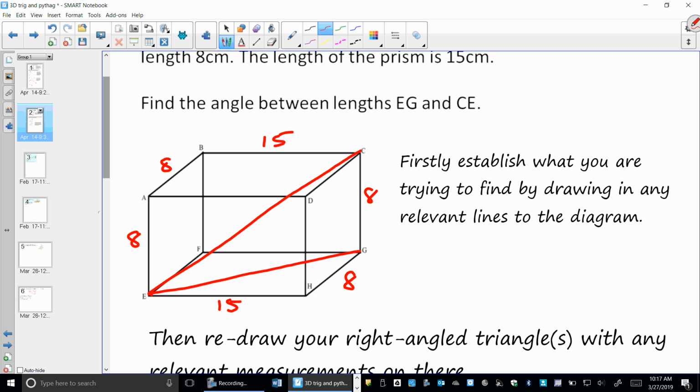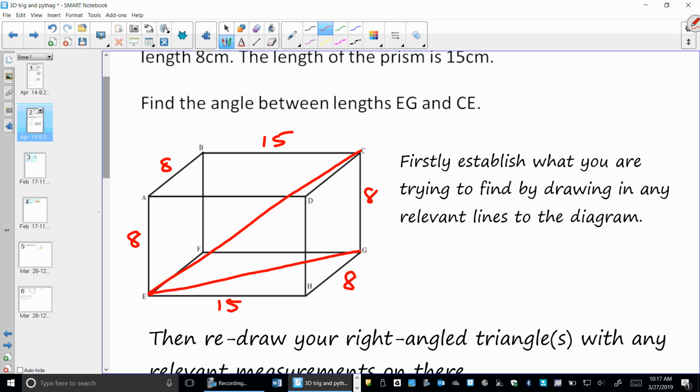So the end bits, the CDHG, that would be a square. This looks more like a square on here than it does on the paper. Well, on the diagrams they give you, they won't be drawn to scale, so you just have to believe what they say.